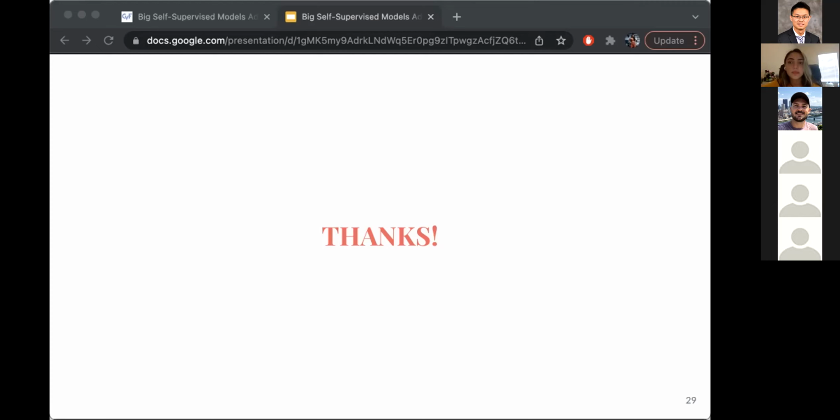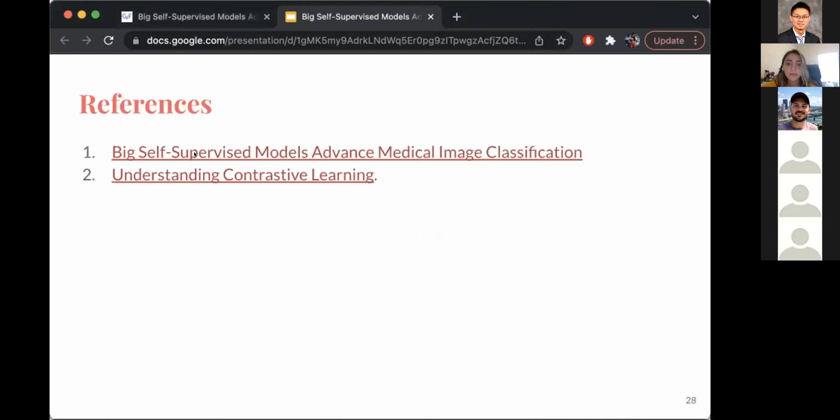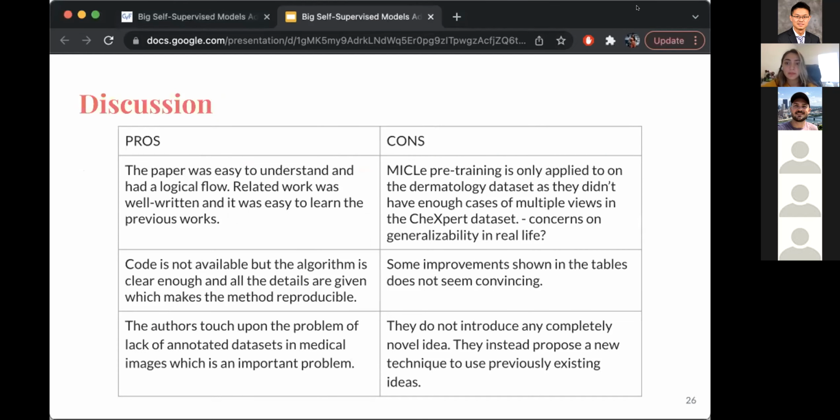We don't have a lot of labeled data to feed any of the deep learning, because it's data hungry, and this seems to be a viable solution to address the limited training data. Based on your comments, especially the weaknesses of the paper, I totally agree with all these three points, and I think those are my biggest concerns.